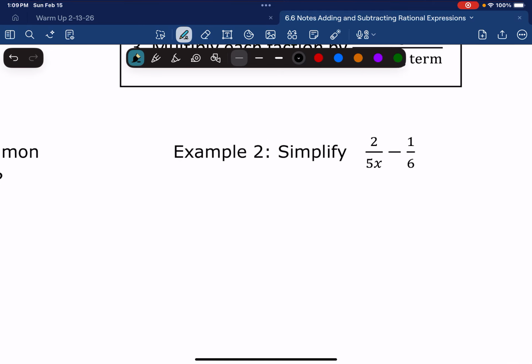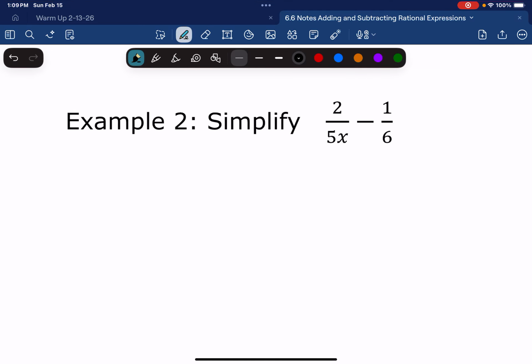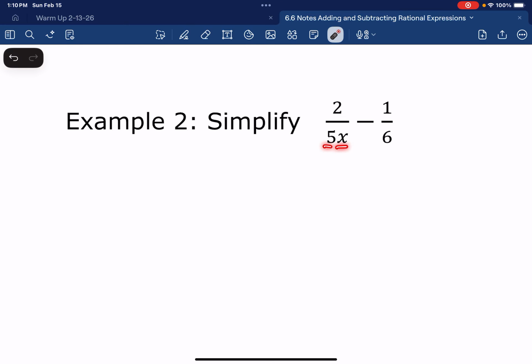So let's apply that to a problem. If we ask you to simplify 2 divided by 5x minus 1/6, we need to find the least common multiple first. And the factors of 5x are just 5 times x, and the factors of 6 is just 6, right? So they don't have anything in common.